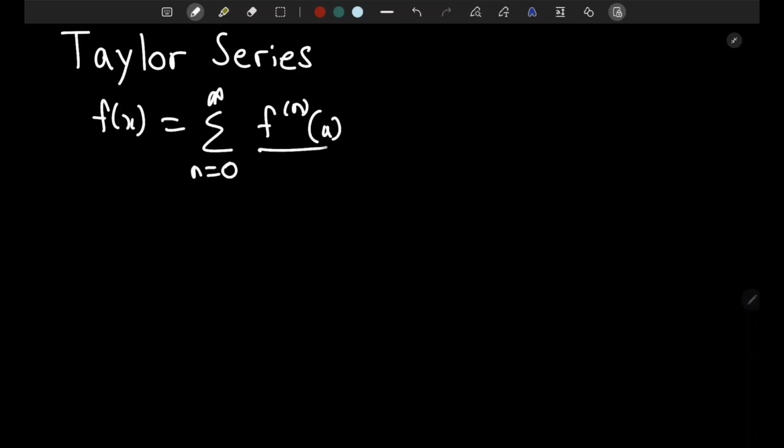f of n at a value over n factorial multiplied by (x minus a) to the power of n, where a will be given in the question and it is the center. So now what is f of n? n here is actually the nth derivative. So if n is the first term, n is equal to 0, right?